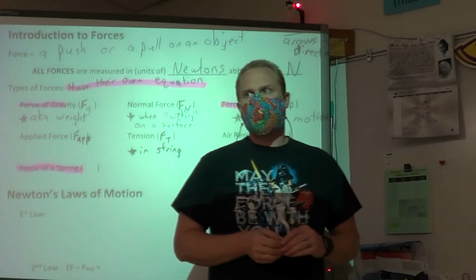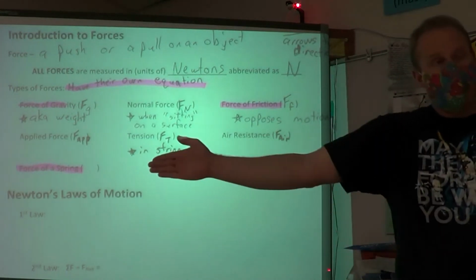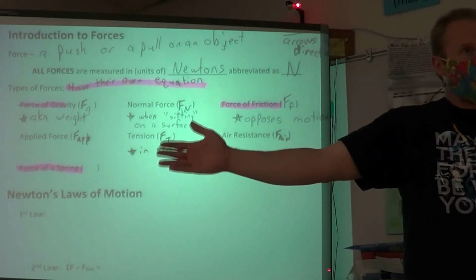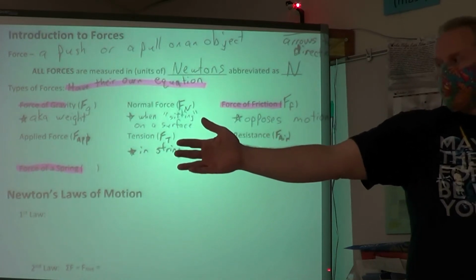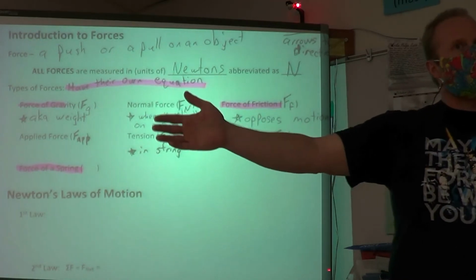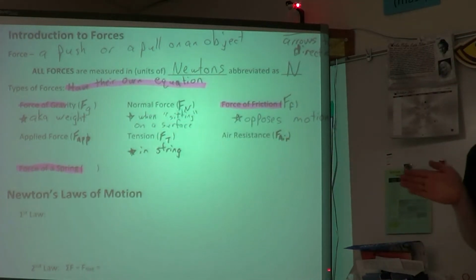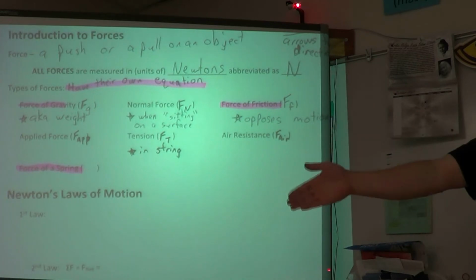Think about air resistance on your car. If you stick your hand out the window at 10 miles per hour, is there air resistance pushing on your arm? Yeah, right? Is it enough to be like, oh, maybe not, but you feel it. There's some air resistance. Now you're going down the highway at 55 and you stick your hand out the window, or 70 and you stick your hand out the window.